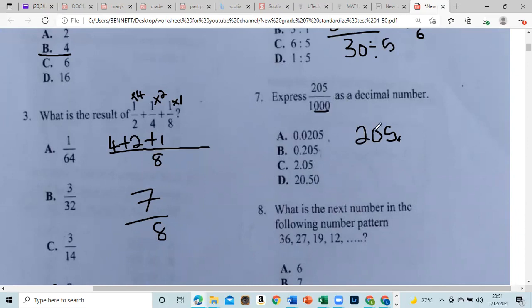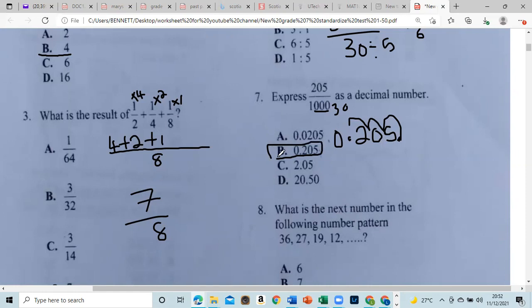I'm going to move the decimal place to our left 3 times, based on the number of zeros. So we have 3 zeros, so we're going to move it 3 places to our left. So let's go 1, 2, 3. So the decimal point will come right here. So it's 0.205, and that is B for Bennett.